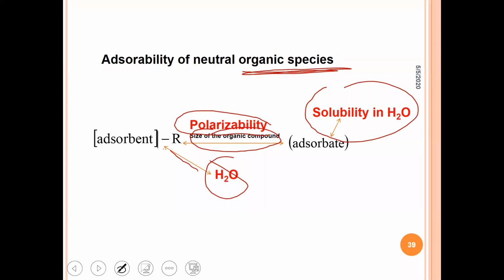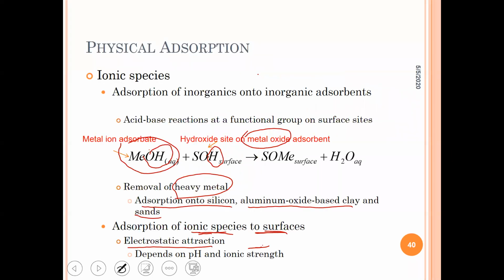We have to consider this, then we can decide whether this organic species can be removed or not. If it is an ionic species, then whatever adsorbent there is must have hydroxide sites. These reactions anyway depend on pH and ionic strength.